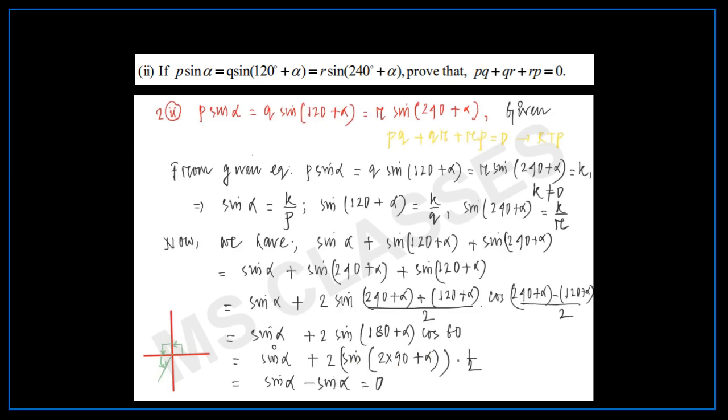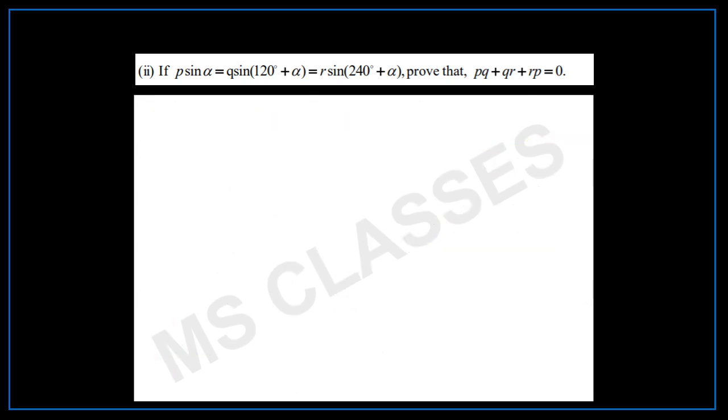So this whole expression, when we add up, reduces to 0. Now individually we have the value of each term, so in this expression we can substitute the values. We get sin alpha value is k by p plus k by q plus k by r equal to 0.